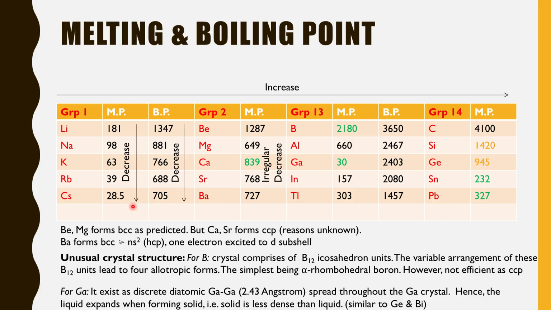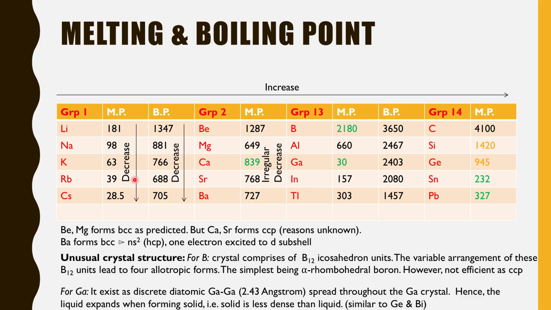That is one reason why you see a very smooth decrease in the melting point as you move down the group in the case of group 1.